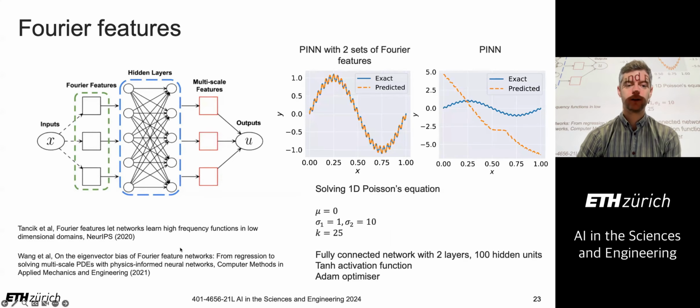They showed in this paper a multi-scale problem, solving the 1D Poisson's equation, where they engineered the solution to have two frequencies: a low frequency sine wave and a high frequency sine wave riding on top of it. A PINN with just a standard fully connected network really struggles to fit both of these frequencies. In fact, it doesn't converge at all. For this case, Fourier features help us converge on both the high and the low frequency components.